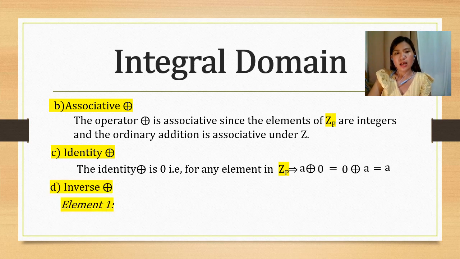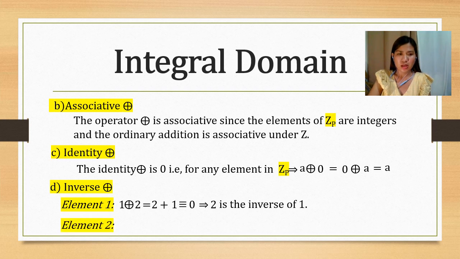Inverse. Element 1: 1 circle plus 2 equals 2 circle plus 1, which is congruent to 0. We have 2 as the inverse of 1. Element 2: 2 circle plus 1 equals 1 circle plus 2, which is congruent to 0. Then we have 1 as the inverse of 2.